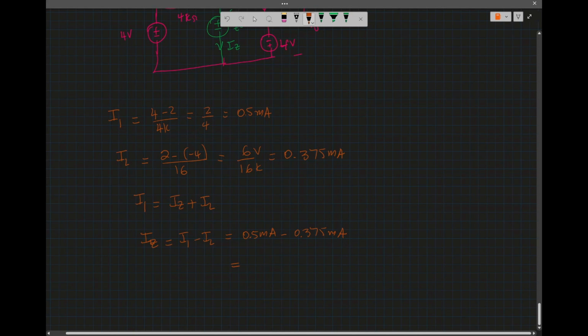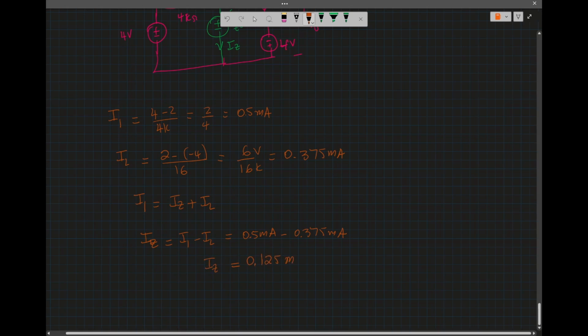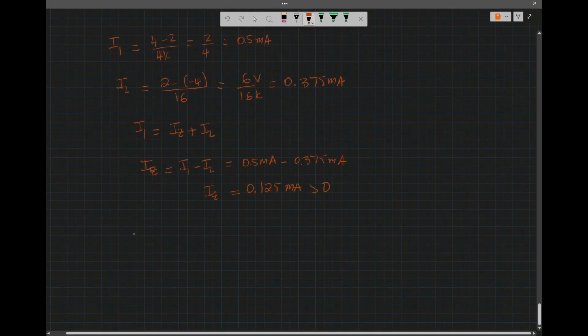So 0.5 minus 0.375, that is 0.125. So IZ is 0.125 milliamp, which is positive. So the current IZ is positive, so the diode is indeed reverse bias.